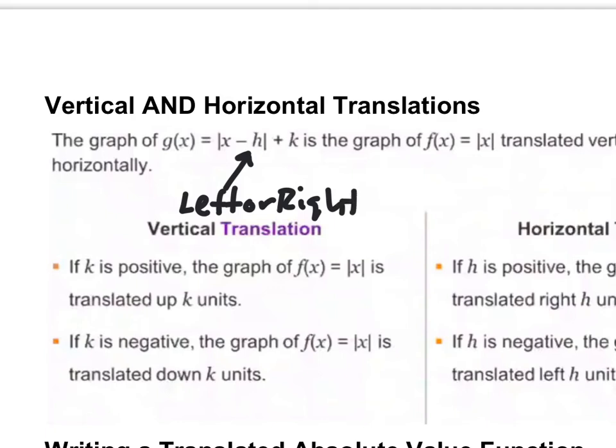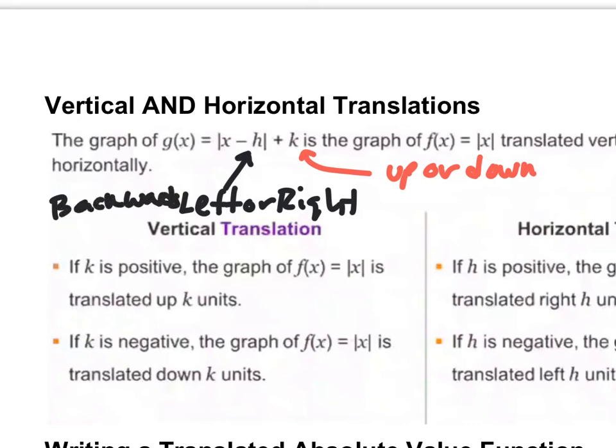And then the k is up or down. The left or right is backwards from the sign, and then up or down follows the sign.